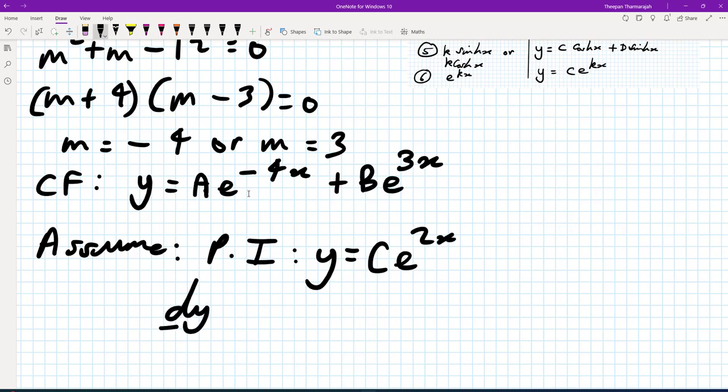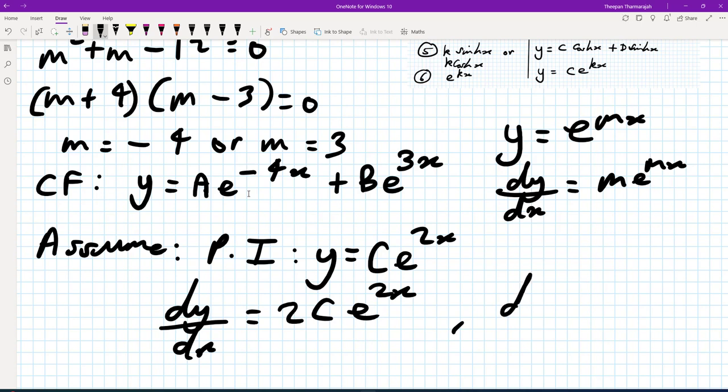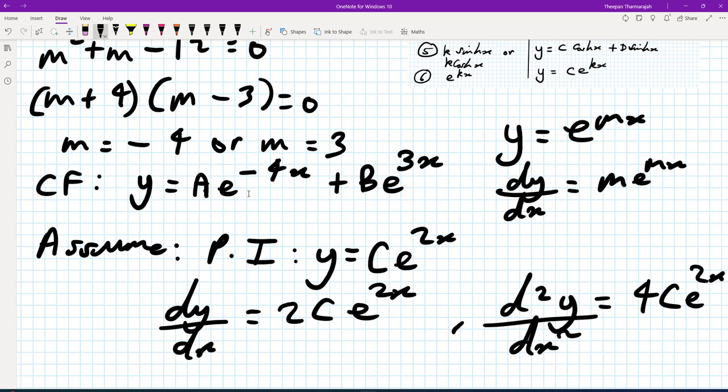Don't forget the differentiation of e to the mx is m times e to the mx. In our case m is 2, so we get dy by dx is 2c e to the 2x, and likewise d squared y by dx squared will be 4c e to the 2x.